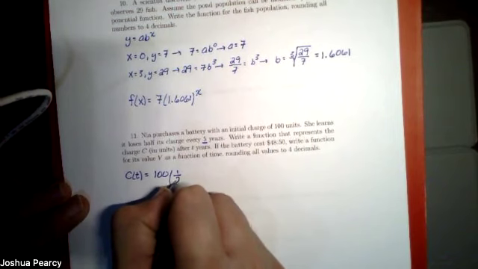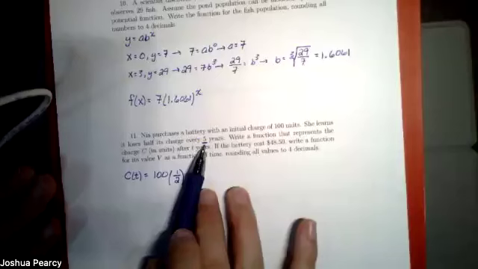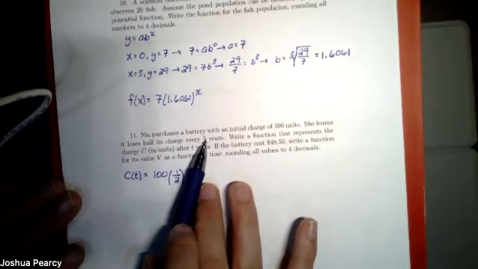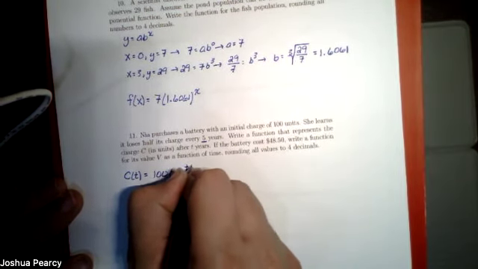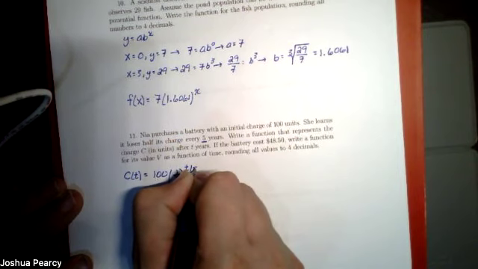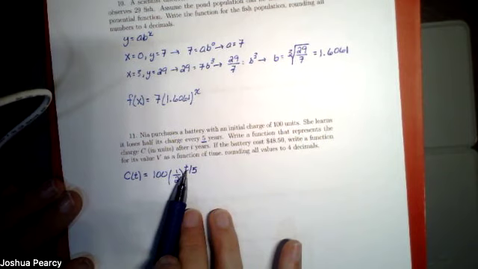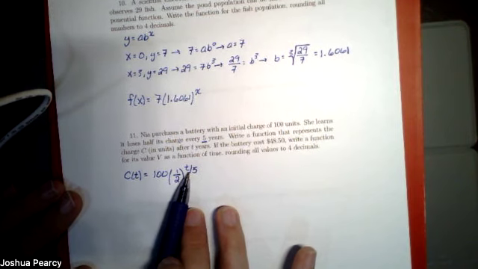So 1/2. Now we have to think: if we're plugging in years here, it's not going to lose half its charge in just 1 year. It's every 5 years. So to account for this, I'm going to take t and divide it by 5, right? Because think of it this way, whenever t is equal to 5, this is equal to 1/2 to the 1, which is when it actually uses half of its charge.